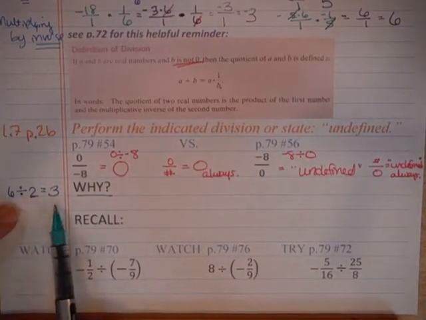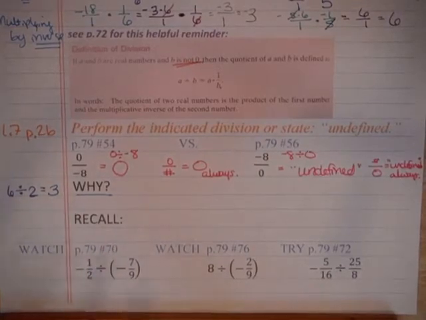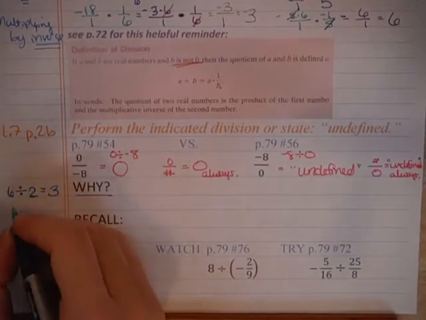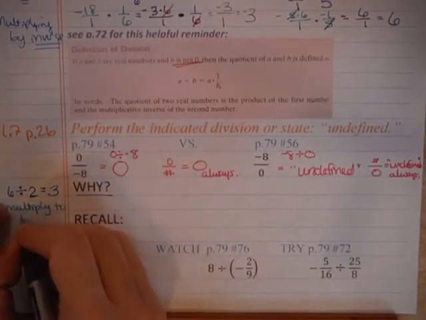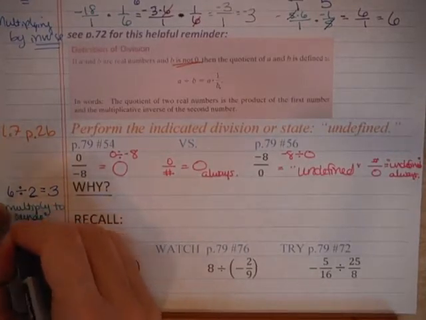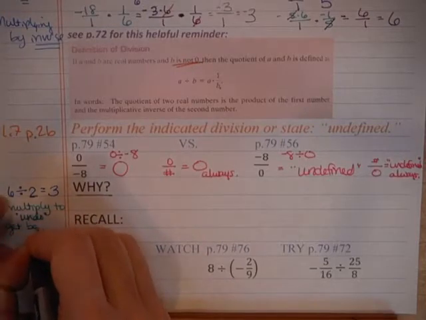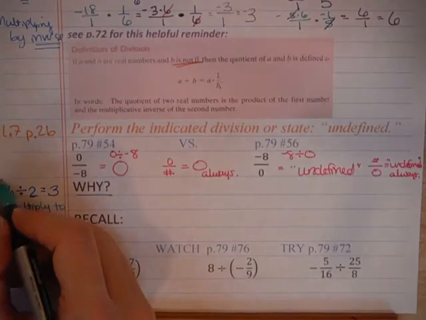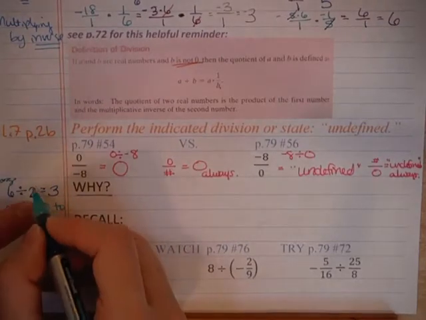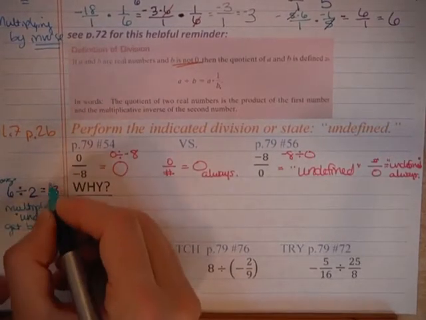Well, multiplication is the opposite of division. Multiplication undoes the division. So you'd multiply to undo or to get back to the original number. The original number was 6. Then we divided by 2 and we got an answer of 3.